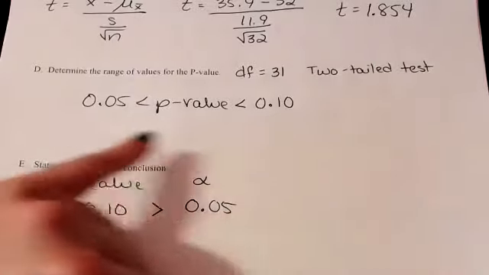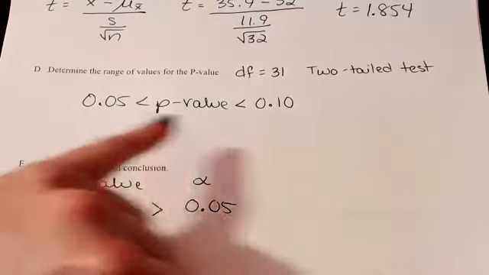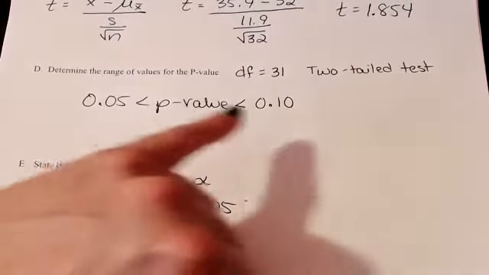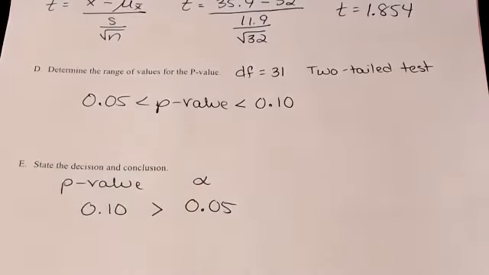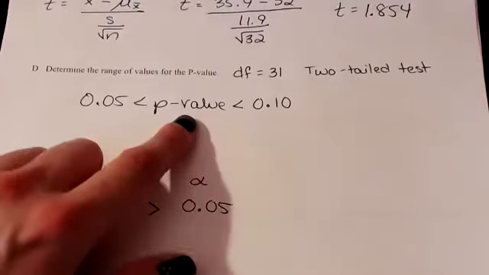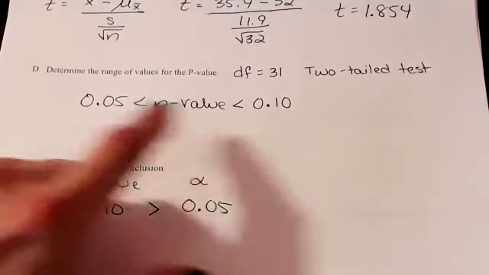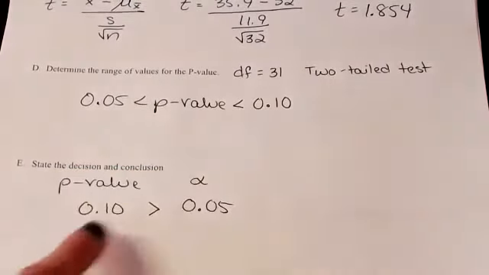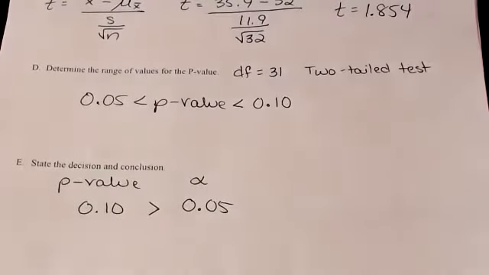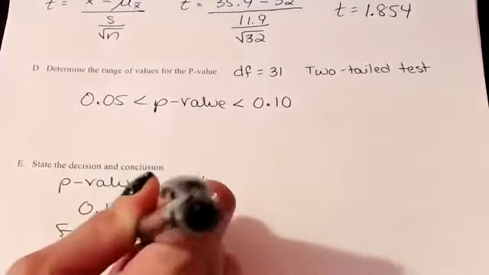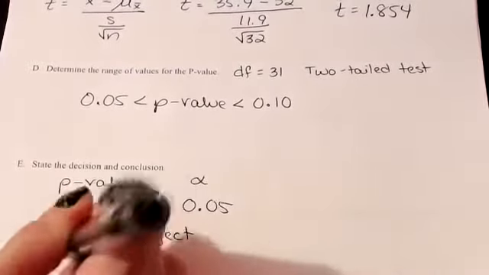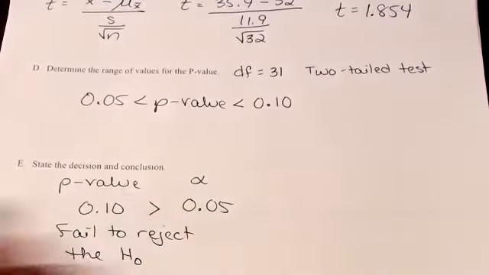Also, by analyzing this compound inequality, we know that our p-value is definitely bigger than 0.05. It's greater than 0.05, but it's smaller than 0.10. So our p-value is definitely greater than alpha. So our decision is to fail to reject the null hypothesis.